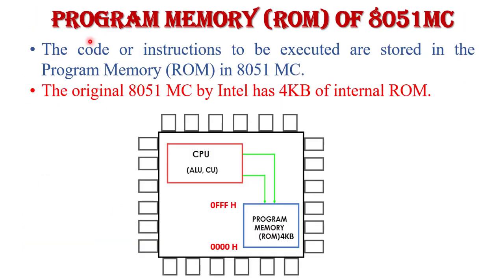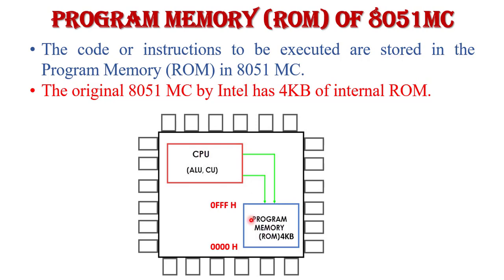Now first I discuss the program memory of 8051, that is called ROM. ROM, as I have already told, is a read-only memory which is used for permanent storing of any instruction, code or program. The original 8051 microcontroller, which was introduced by Intel in the 1980s, is the most popular microcontroller.